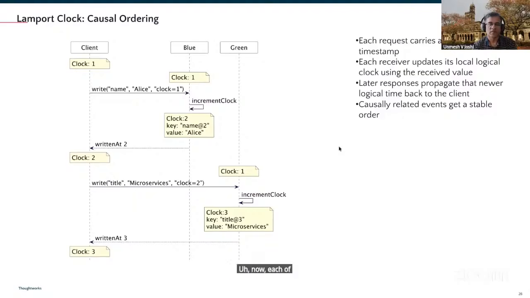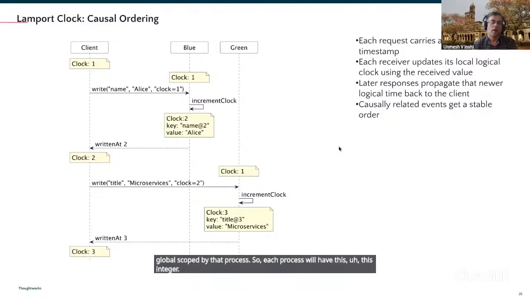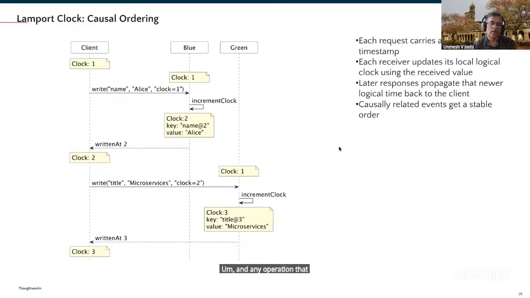Now, each of these processes stores an integer, global in the sense of being scoped by that process. So each process will have this integer, and any operation that this process handles, for example, this blue one handling the write request, it will always increment this counter.